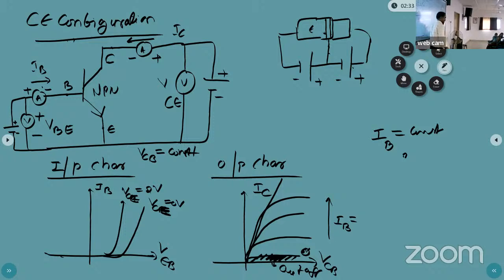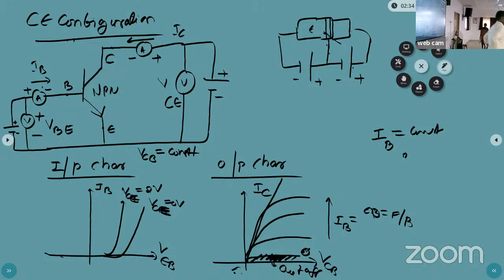Here the current has increased. What is the meaning of that current increase? When does the input current increase? If the diode is forward bias. So in this region, the emitter diode is forward bias. And what about the other diode? We are increasing the collector voltage and getting the collector current. What is the meaning of that?